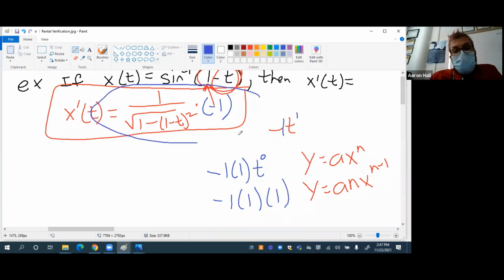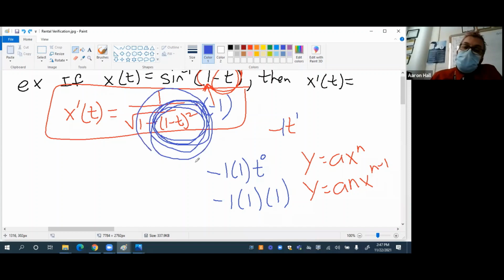Is there a way I can simplify this besides just making this negative up here because of this negative? Do what?